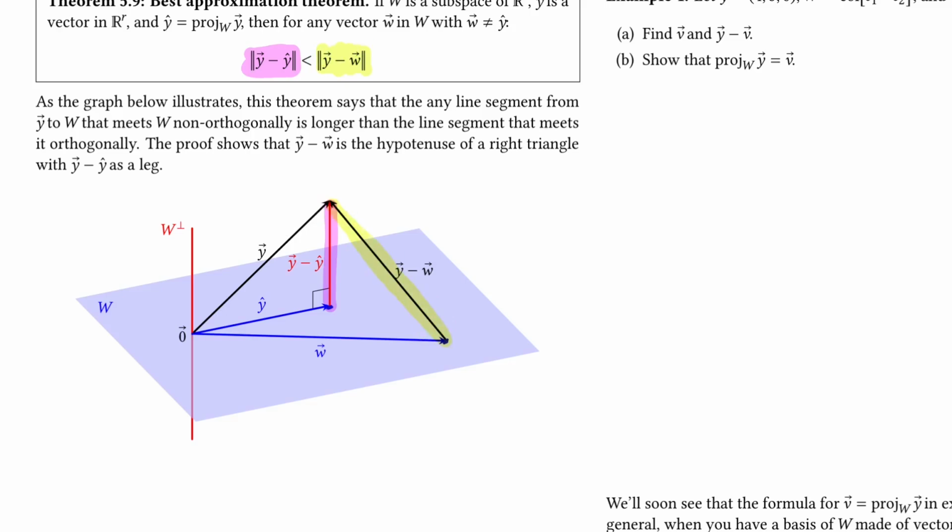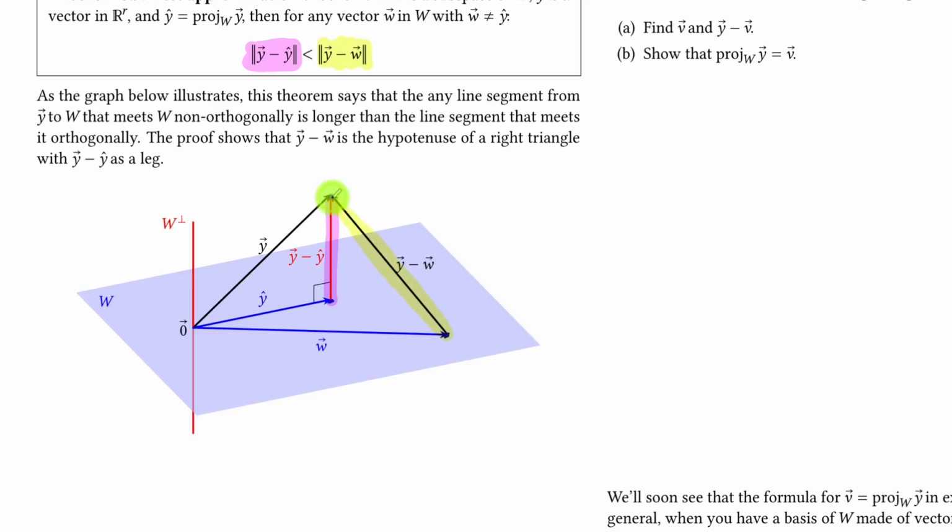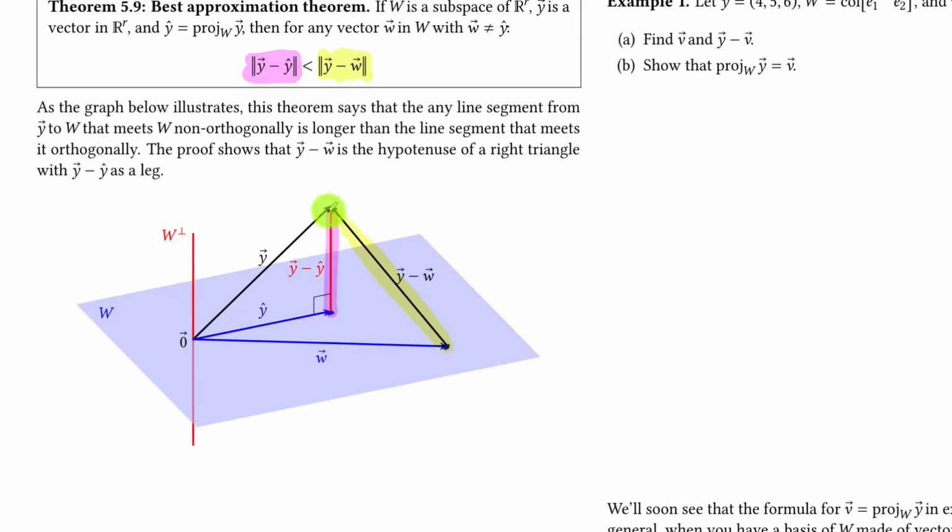In other words, whatever point you're at out here, the way to get to the plane W is by going perpendicularly to it. If you go in some other direction that is not orthogonal to it, then the distance you go is somewhat longer.